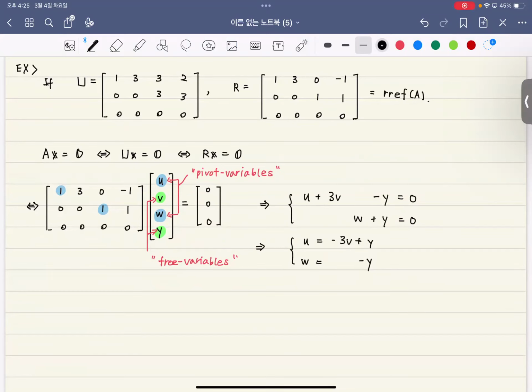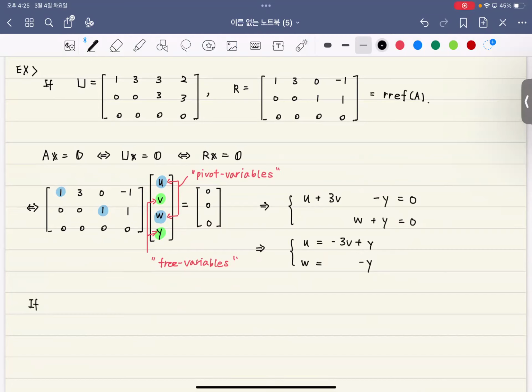But now there is a benefit in doing so. Okay. So I can say all these u, v, w, y's satisfying these two equations are members of the null space.